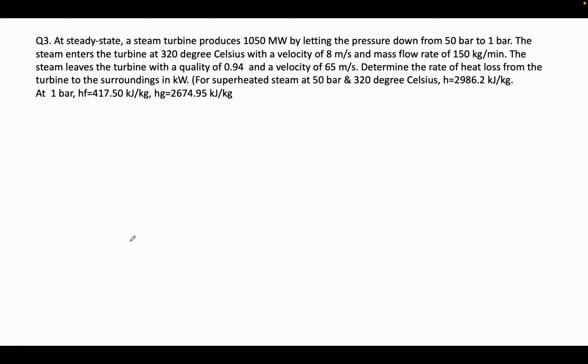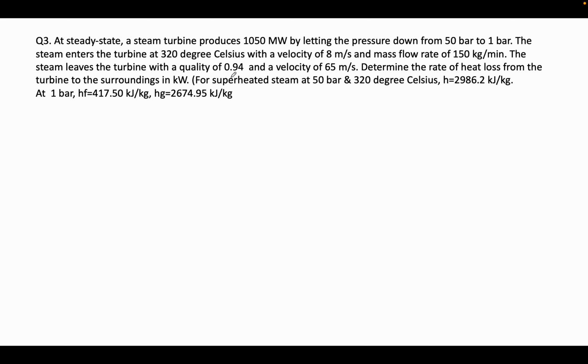Now at steady state, a steam turbine produces 1050 megawatt by letting the pressure down from 50 bar to 1 bar. The steam enters the turbine at 320 degrees Celsius with a velocity of 8 meter per second, and the mass flow rate is given again as 150 kg per minute. The steam leaves the turbine with a quality of 0.94.